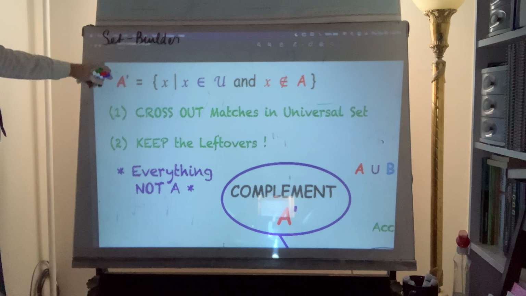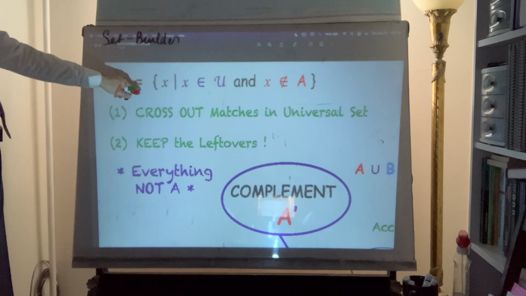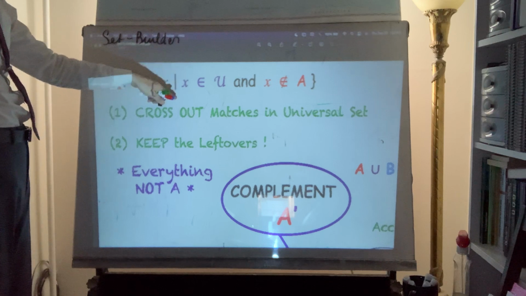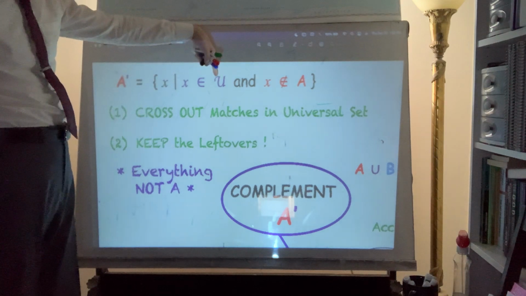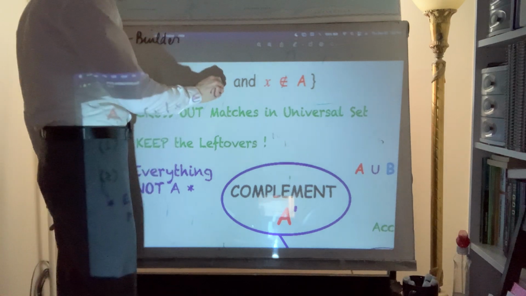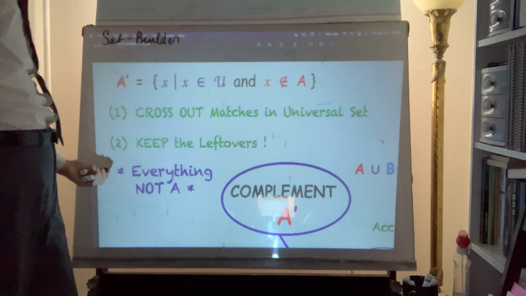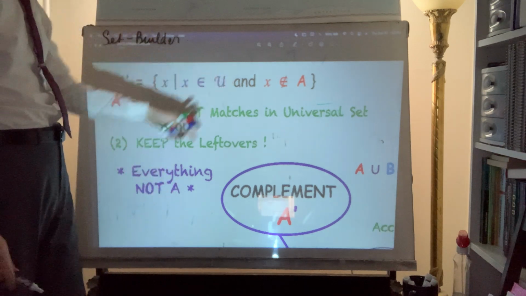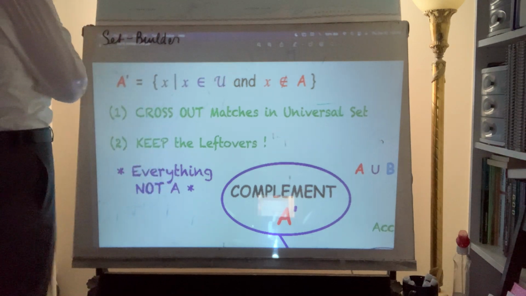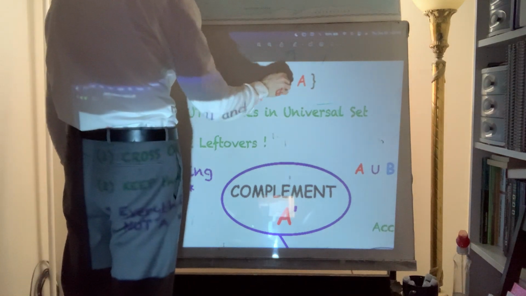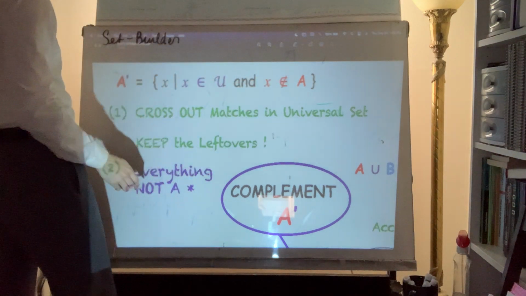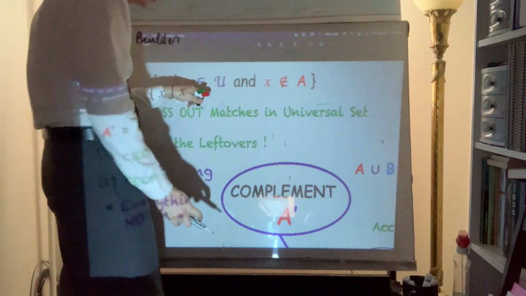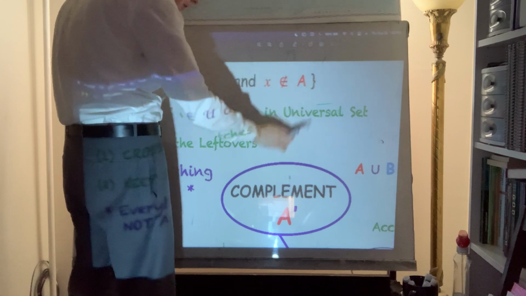A prime is the set of all x's such that x is an element of the universal set. I very much intentionally tried to stylize the U because I don't want it to be confused with the union U. And x is not an element, cross out of the lunated epsilon, of the set A. So in other words, it's part of the whole, but it's not anything from this particular part.